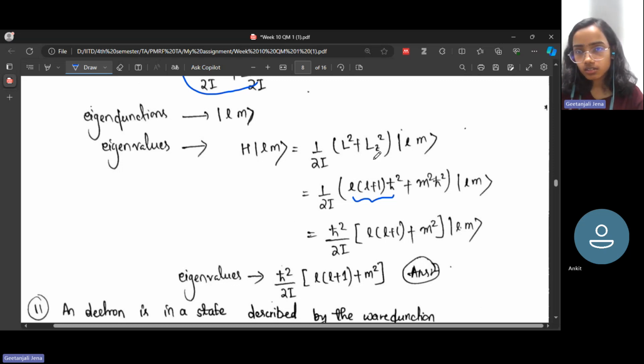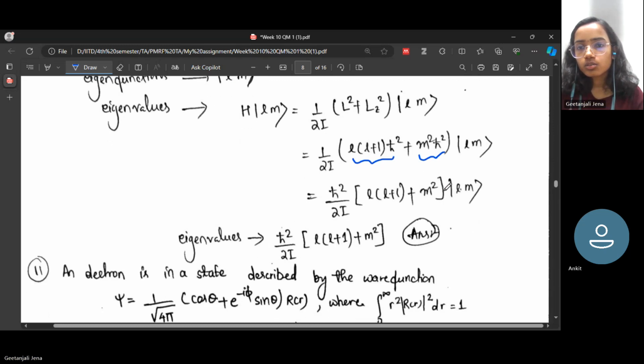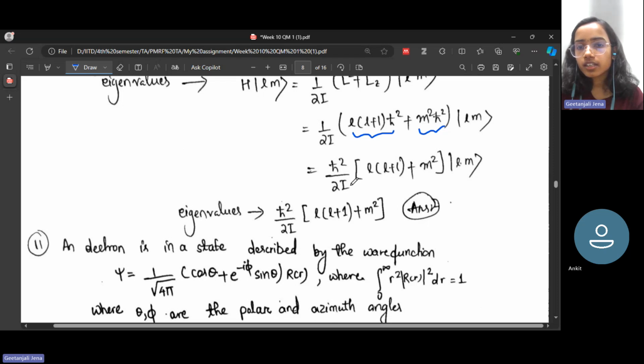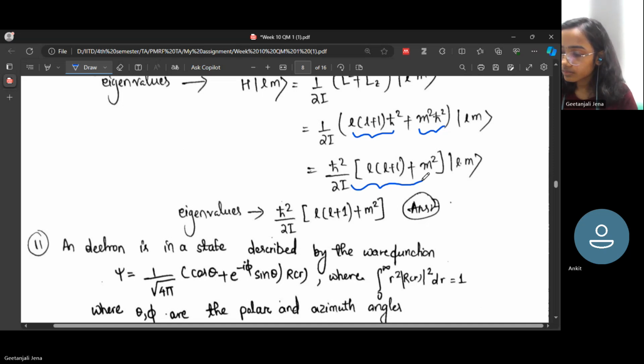And when Lz acts on |l, m>, you will get m square h cut square. So that means the energy eigenvalue would be h cut square by 2I times (l(l+1) plus m square).